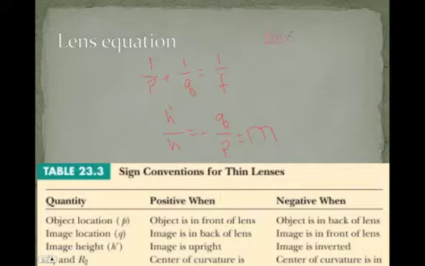For a converging lens, the focus is positive. For a diverging lens, the focus is negative. So remember that sign notation, but otherwise it's the same exact equations we've used before.